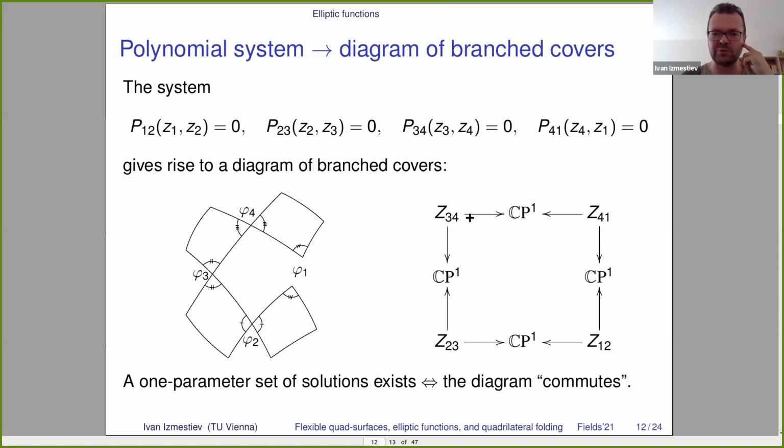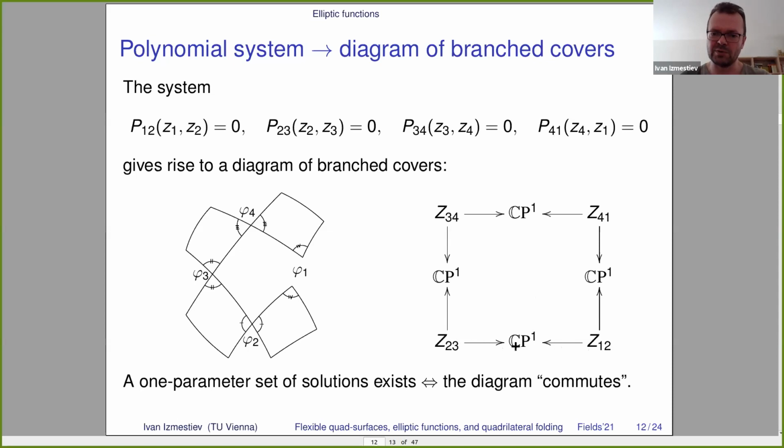And then we have also 3 other configuration spaces. And we have a 1 parameter family of solutions if and only if this diagram commutes. Now, what does it mean to commute if there is no closed cycle along the arrows here? It commutes in the following sense: each of these projections is a twofold branched cover, and we can consider the inverse like a multiply valued function.